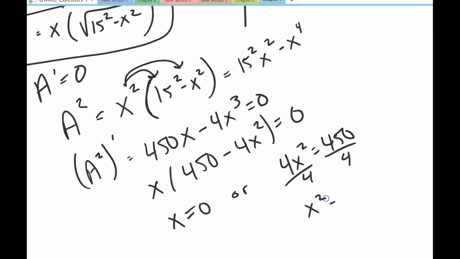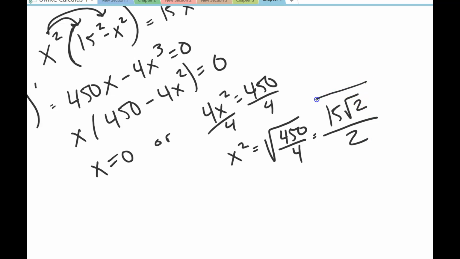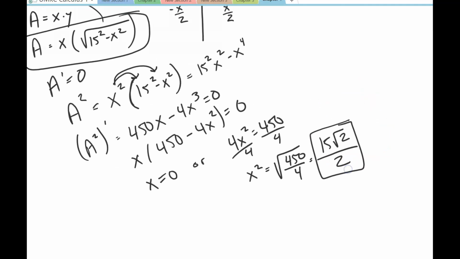I get x squared equals 450 over 4, which gives me x equals 15 square root of 2 over 2. So this is my critical point of A squared, which is also going to be the critical point of A.